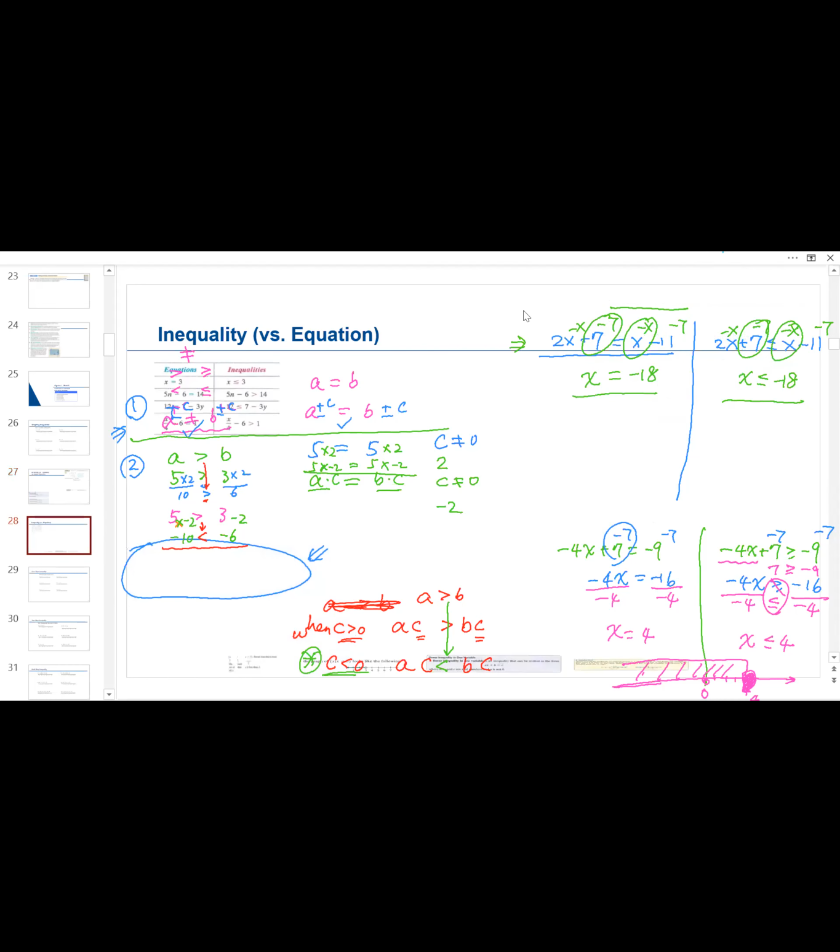Right here. All right. So do you guys need to take a break? No, I will move on. All right, let's move on here. So to be clear for you guys, right? Equation and inequality have a lot of similarities. They are similar to each other. The only difference is when A equals B, and both sides plus a number, they are still the same.